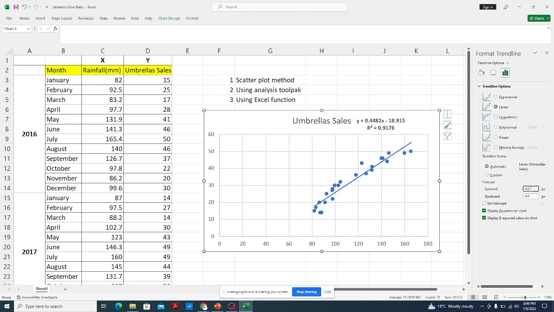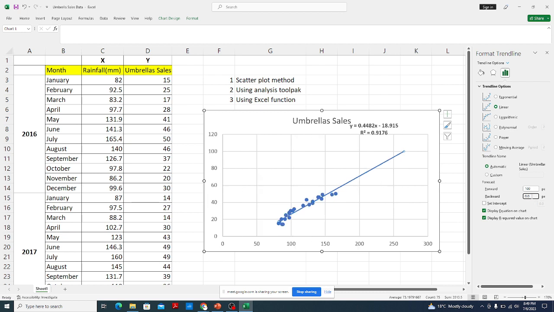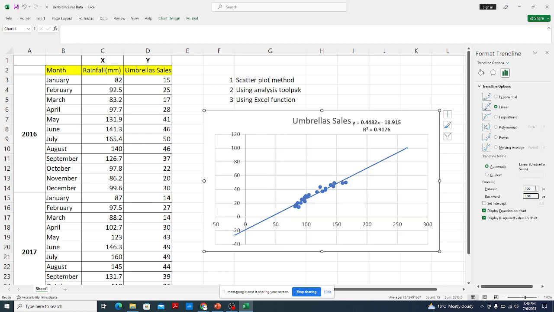For my case I'll go with 100% forward, and also 100% backward.